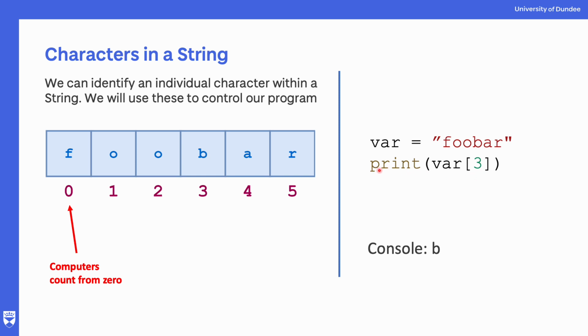So the computer will say, okay, you want to print something. Var, I know about var, here is var here. You want index 3. So that's 0, 1, 2, 3. And it will then print out what you've asked for, which is the item at index 3 of var, which is B, and that's what will appear in the console.